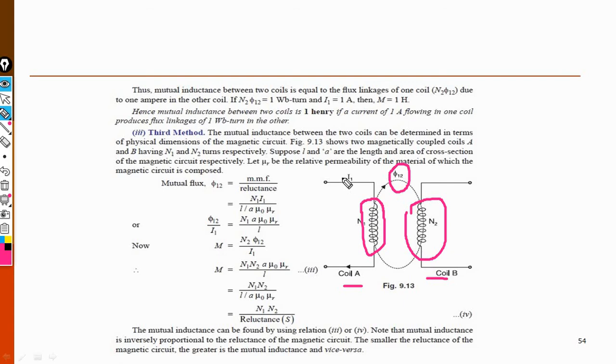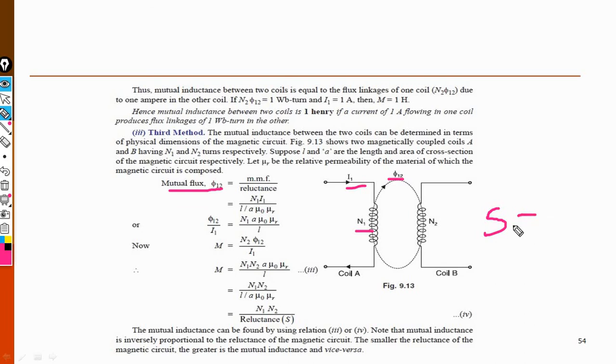The EMF induced in coil A linking to coil B is called mutual inductance. The formula of mutual flux is phi 1 2 equal to MMF upon reluctance. The MMF from coil A is N1 I1.